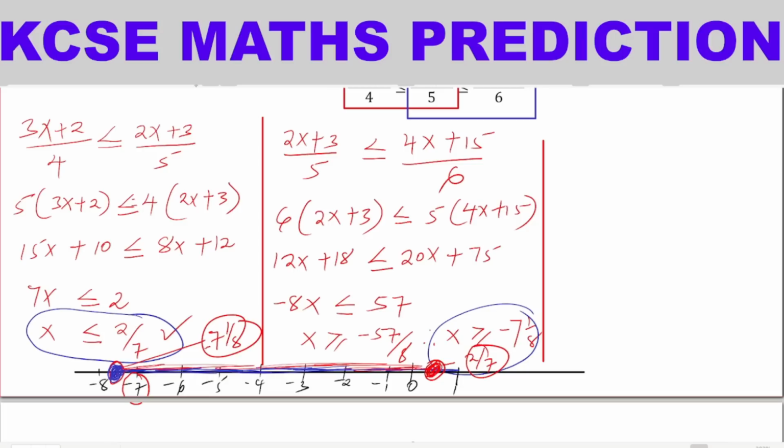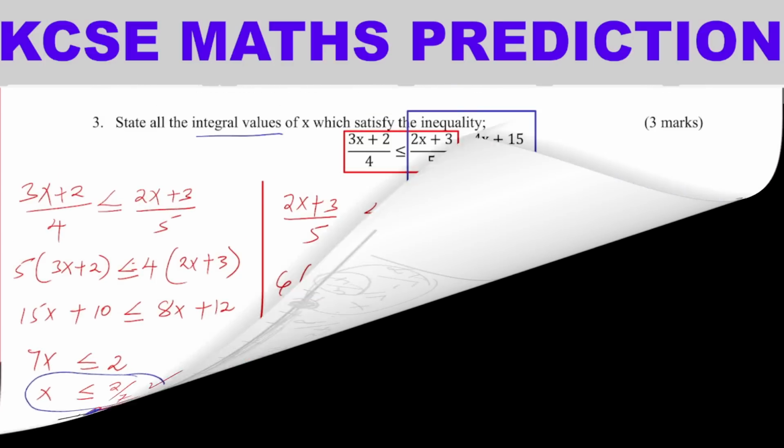So the integral values could be negative 7, -6, -5, -4, -3, -2, then -1, and finally 0, because you can't take 2/7 and -7 and 1/8. So that is how you're supposed to solve that question.